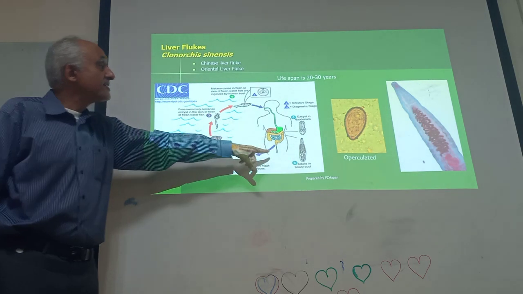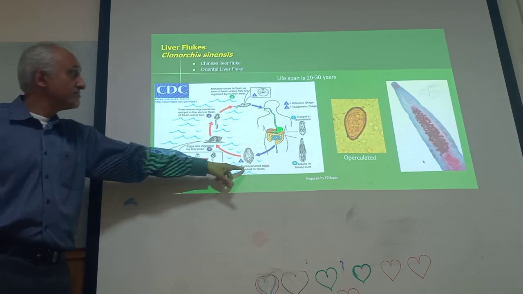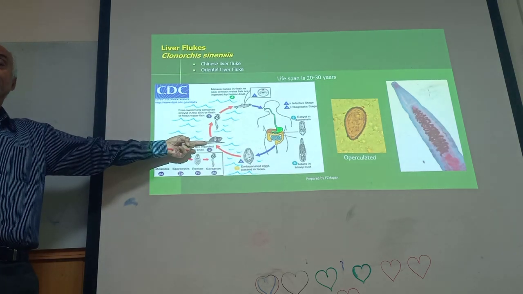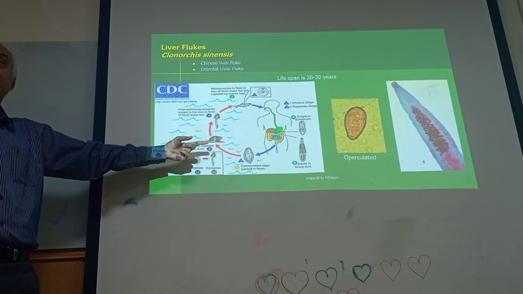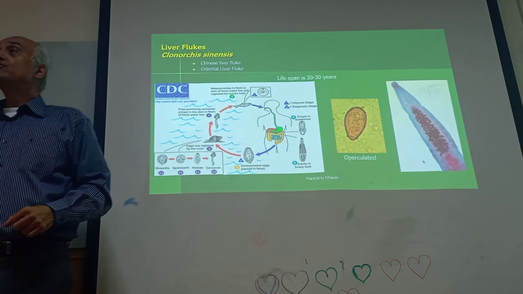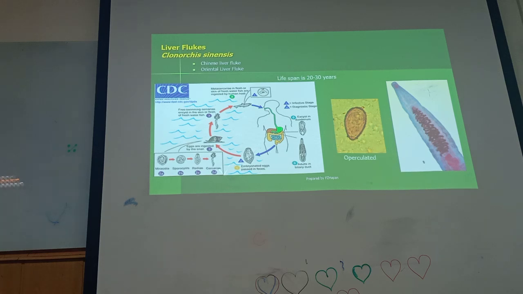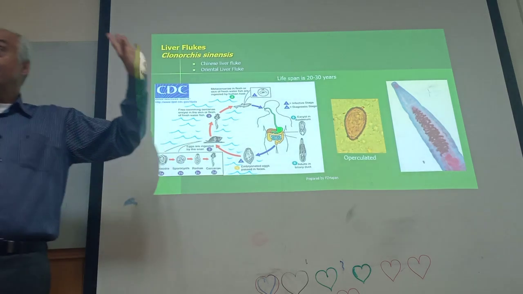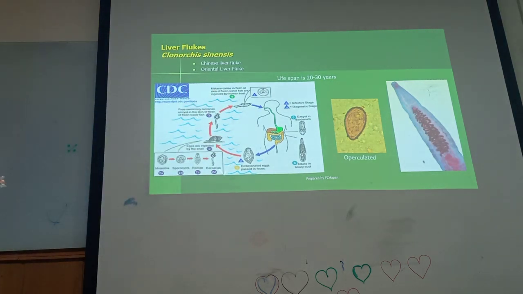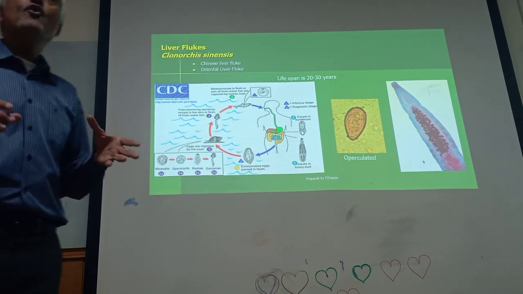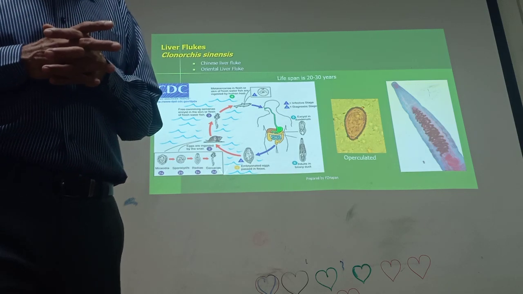You can see here that the eggs are out. We have to continue the life cycle into the freshwater snails, with cercaria released in the end, and what is important is they have to go inside the muscle of the fish, and metacercaria get formed inside the muscle of the fish.